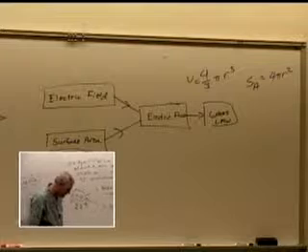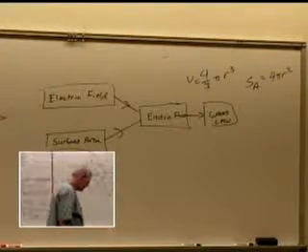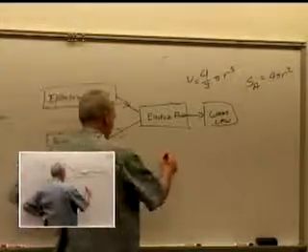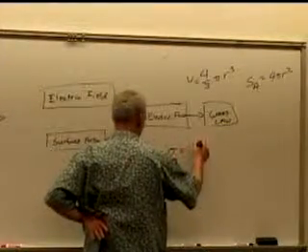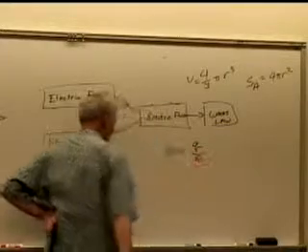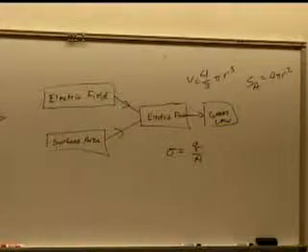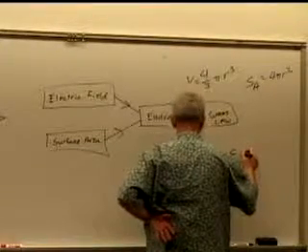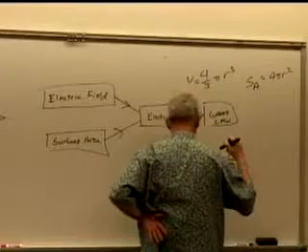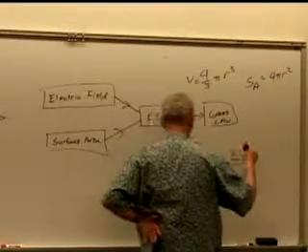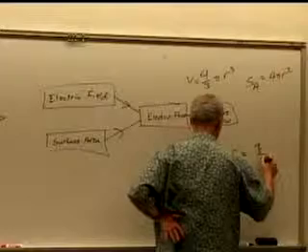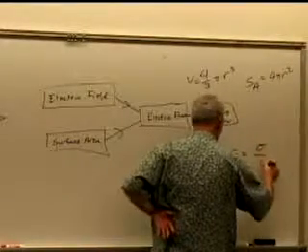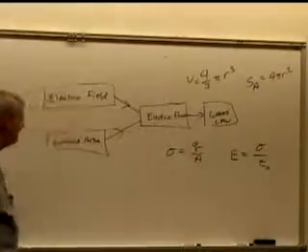So in other words, remember when we talked about the charge coming out of here, you have a total charge, the surface density sigma would equal Q over A, right? And we said that E is equal to sigma over epsilon naught.